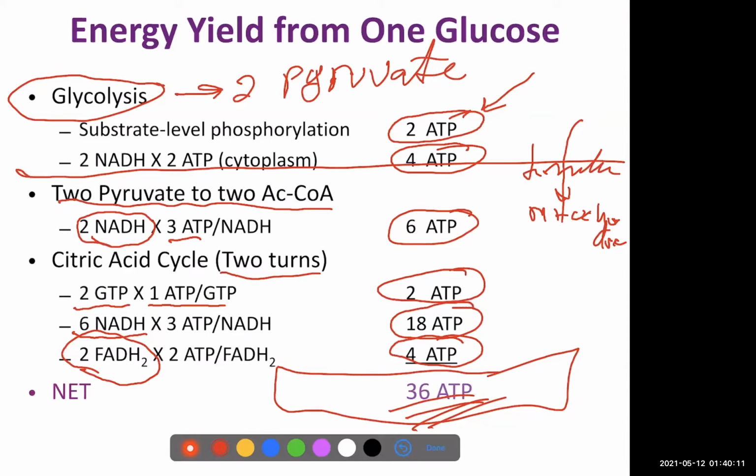Is there ever going to be a case where the citric acid cycle is only one turn? Yeah, it only goes one turn, but it goes one for each pyruvate produced.